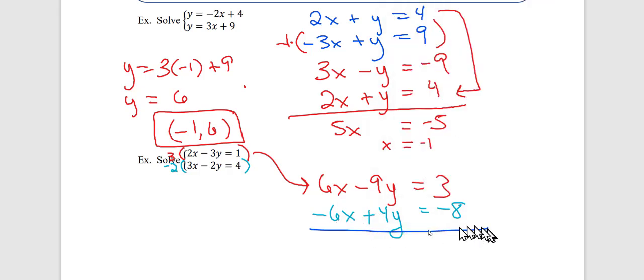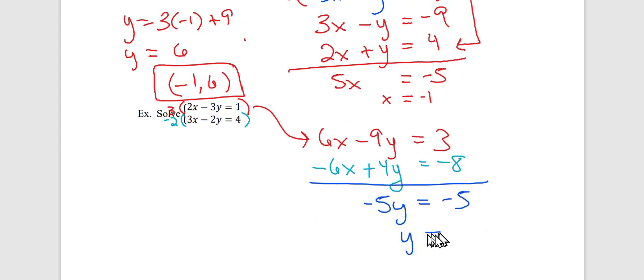Then I add those together, and the 6x minus 6x gives me 0. Negative 5y equals negative 5. That tells me y equals 1. And I have to find the x also, so I have to go back to one of my equations.